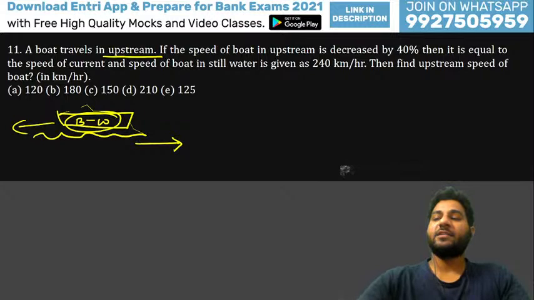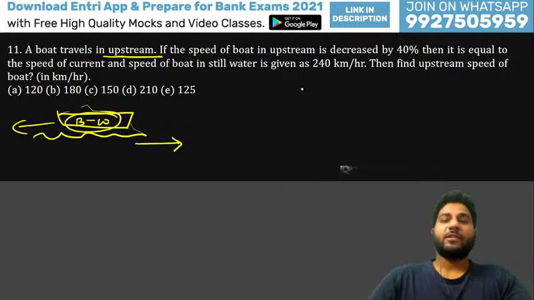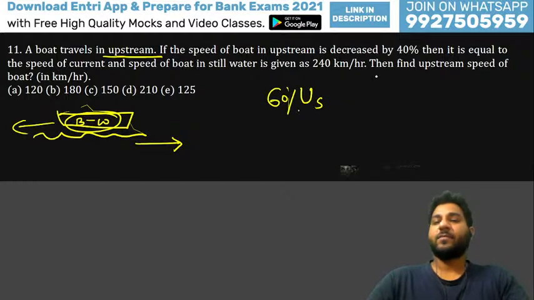If the speed of boat in upstream is decreased by 40%, okay, look at this. Let's say that the boat's upstream speed was there, and it is decreased by 40%, that means it has become 60%, then it is equal to the speed of current, water speed.